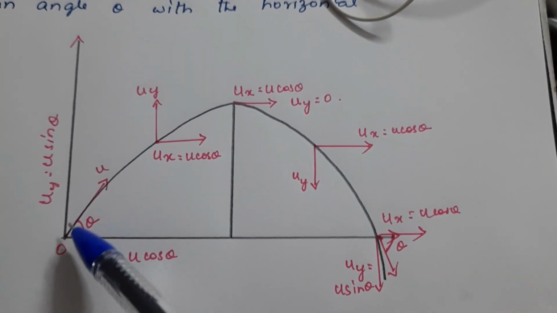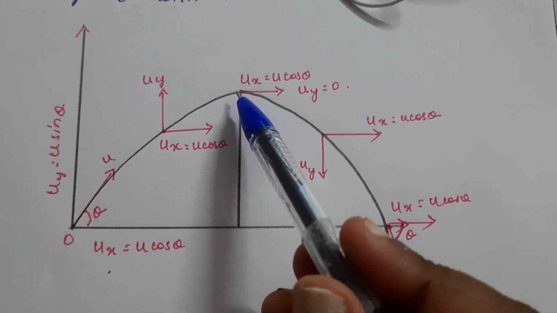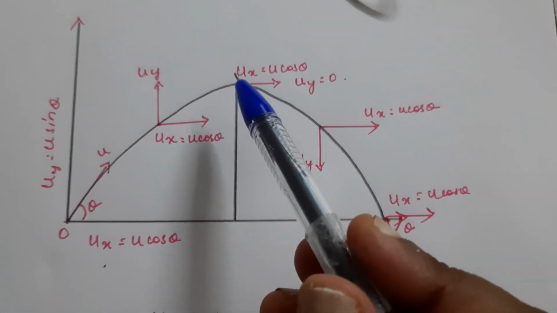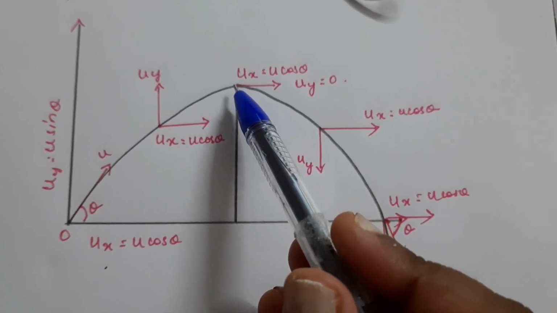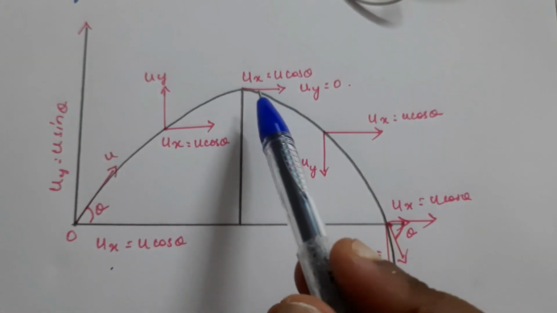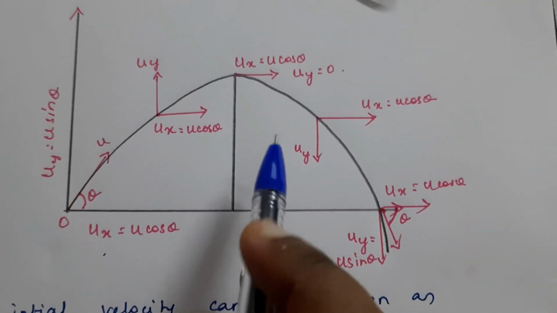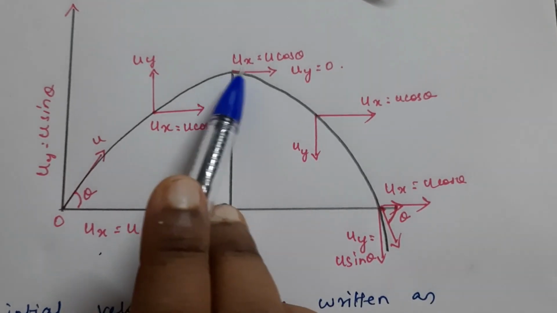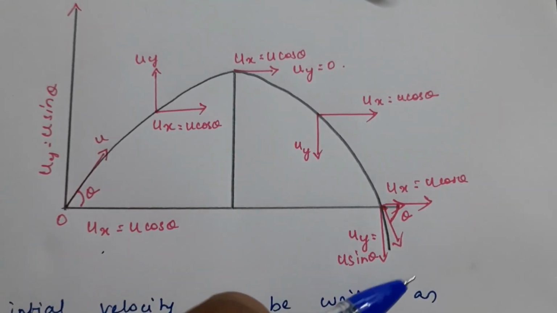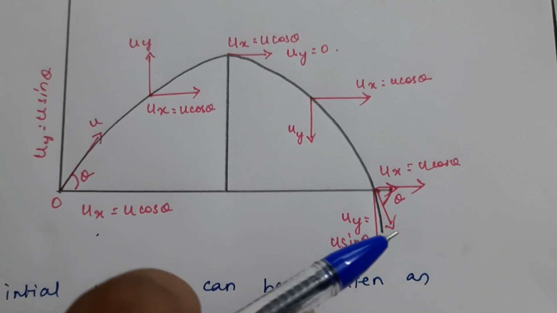Now it is continuously moving upwards, so the velocity is decreasing due to the effect of gravity, and it becomes zero at this point, the highest point. After that it will start increasing. When it comes in the downward direction, it keeps increasing till it touches the ground.